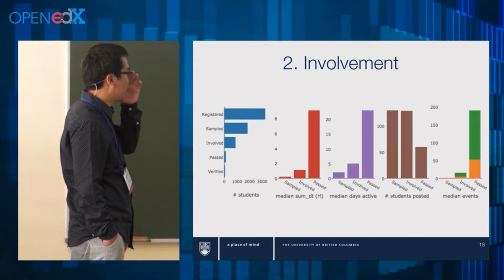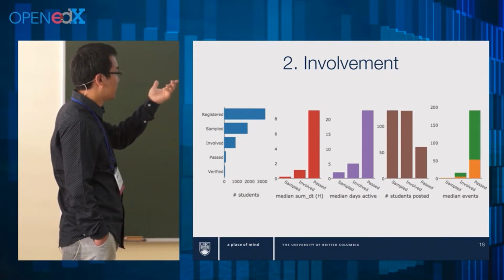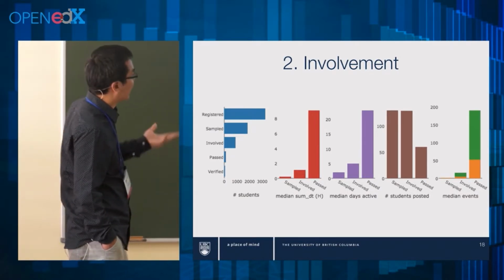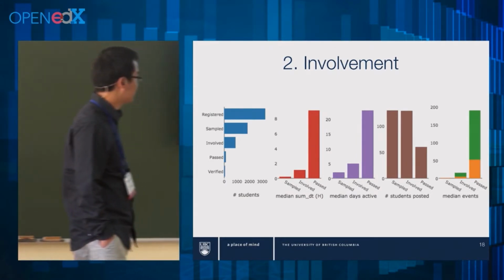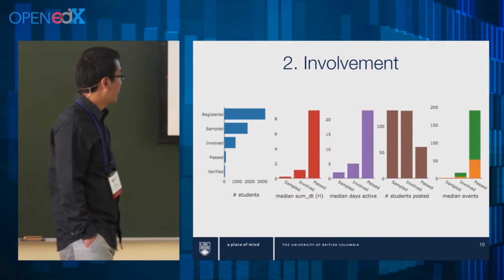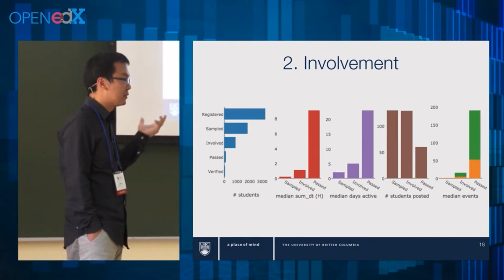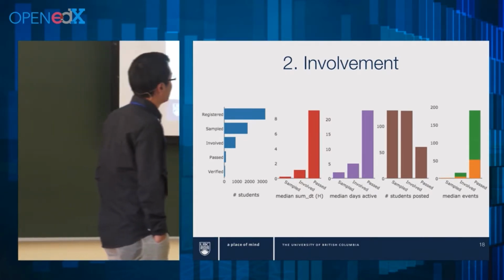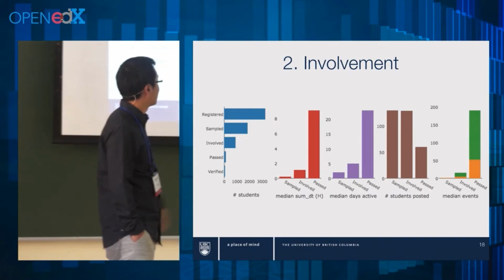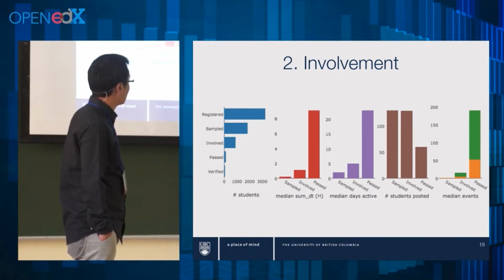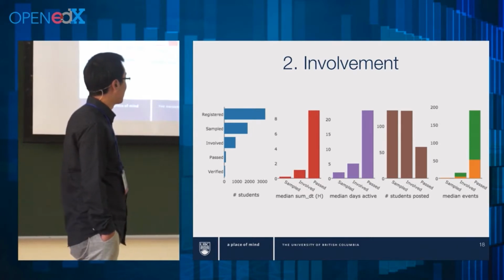You can see the passed students spend more than 8 hours in the course. The second one shows how many days they spend in the course. The passed students have spent lots of time in the course in order to pass.